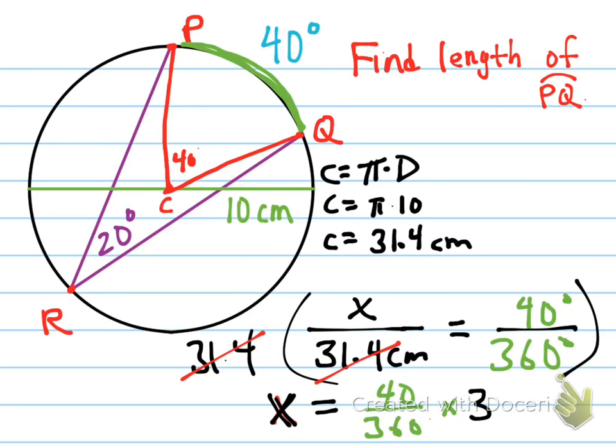Now keep in mind what that 31.4 is. That is the circumference, right? That's where it came from. Throw that in the calculator and you'll get an answer, and that answer is 3.49.